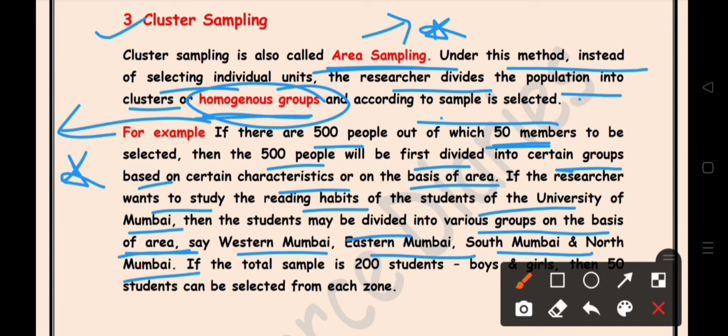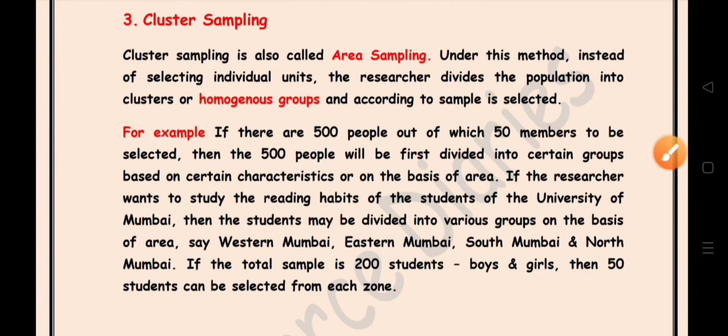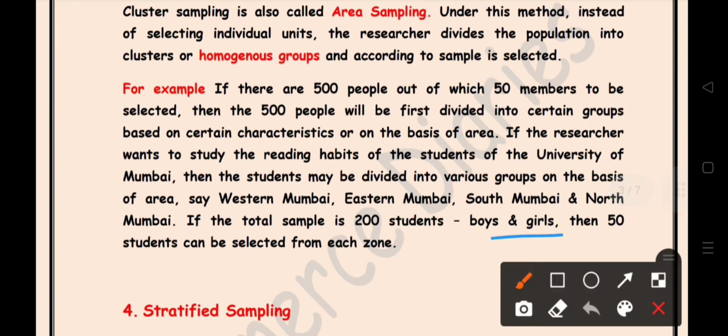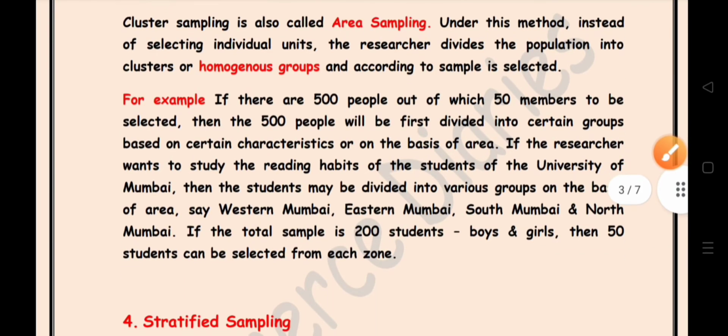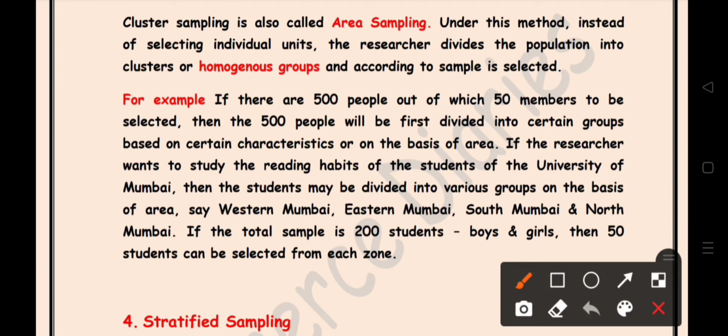If the total sample is 200, then boys and girls can be selected from each zone. So here, in this example we have 500 people, and out of those 500 people we have to select 50 members.